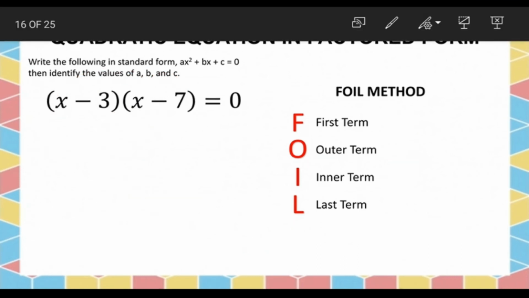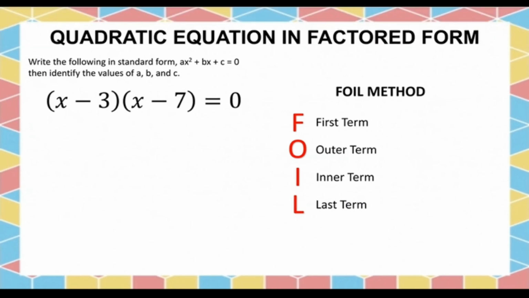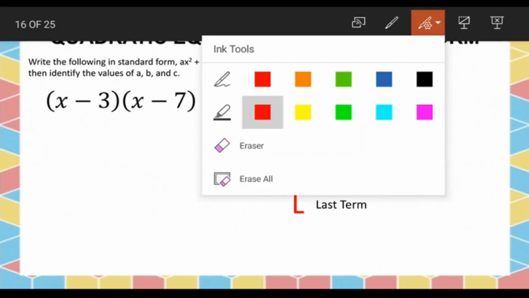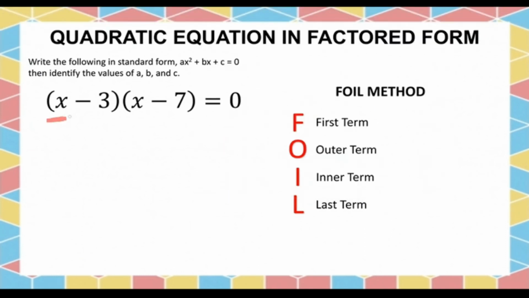Let's proceed with example number 3. Suppose we are going to set the equation to standard form and identify the values of a, b, and c. We're going to apply again FOIL method. So the first term here, we have x times x. The product is x squared.